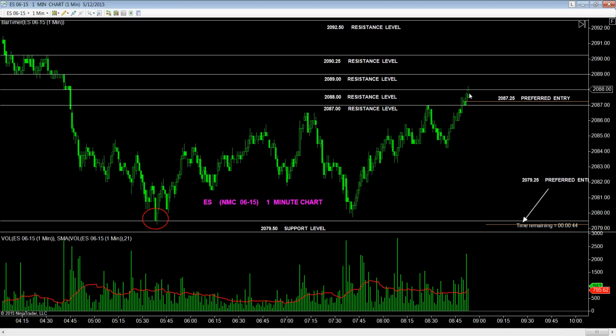Initial target is now hit at 2088. You could lock that in, 2088. And looking to get through, we already have a probe through the 1-minute level at 2088. And increasing volume again, 1260 contracts. That's 1260 lots, 1262.